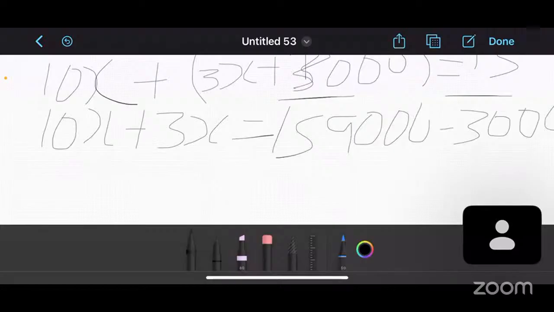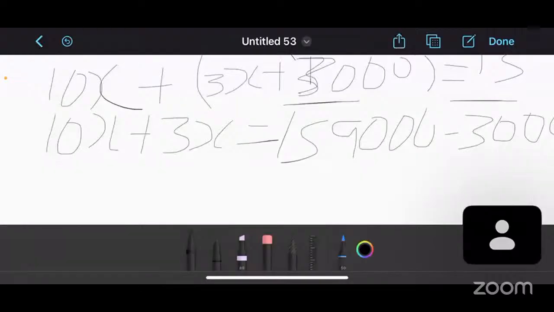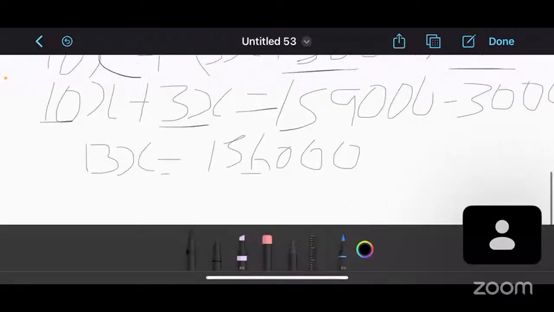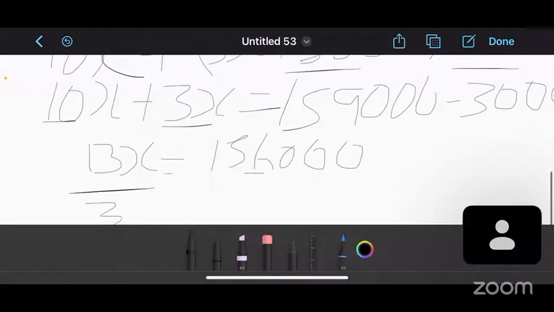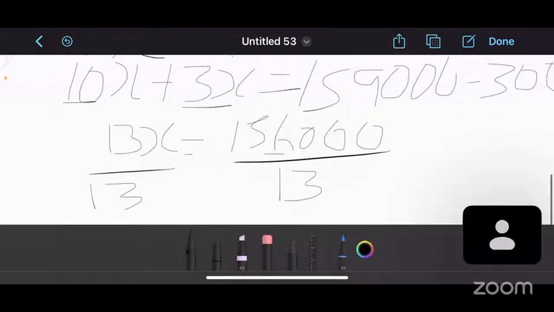It is 156,000. 10 plus 3 is 13, so 13x is equal to 156,000. Now we're going to divide both sides by 13, because we want to know how much the salary was before the increase.